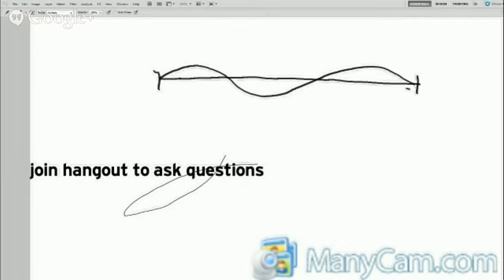So as this wave travels along it, with the way I drew it, it's traveling in this direction towards the right. When it hits the other end, over here on the right hand side, it's going to get reflected, and so then the same wave is going to be reflected back towards the left hand side.